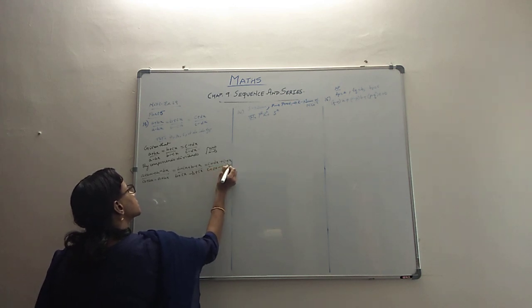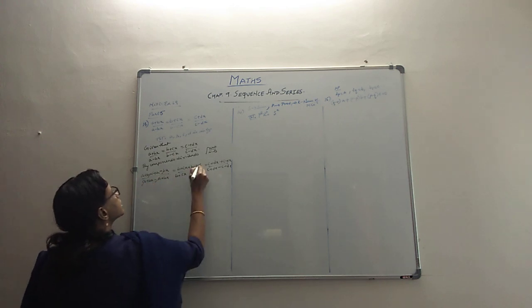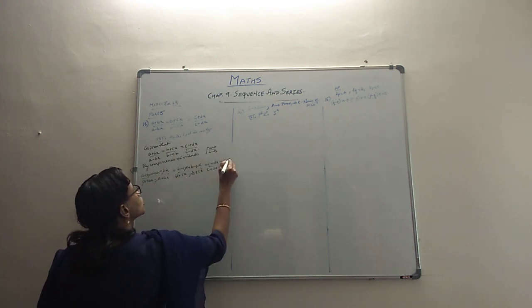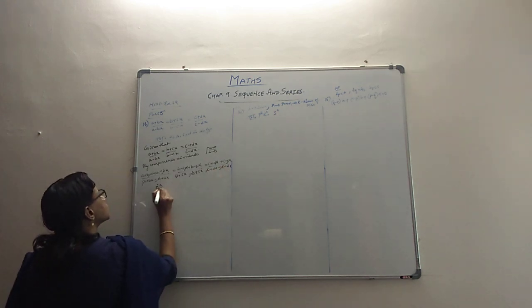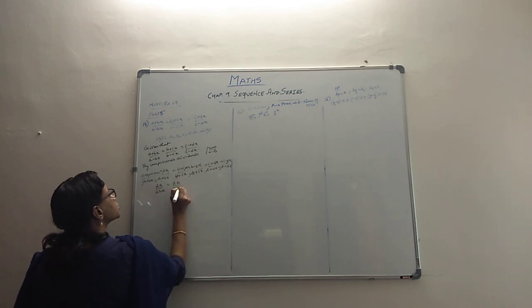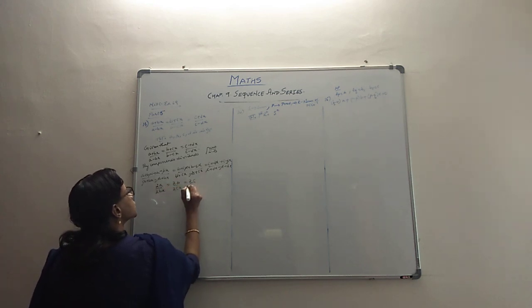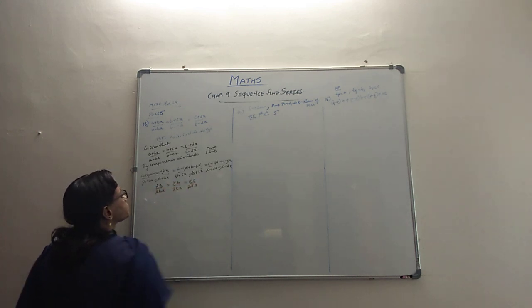So you have bx cut, a cut, cx cut, b cut, dx cut, c cut. So you have 2a by 2bx, and you have 2b by 2cx, you have 2c by 2dx. All this can get further cut.